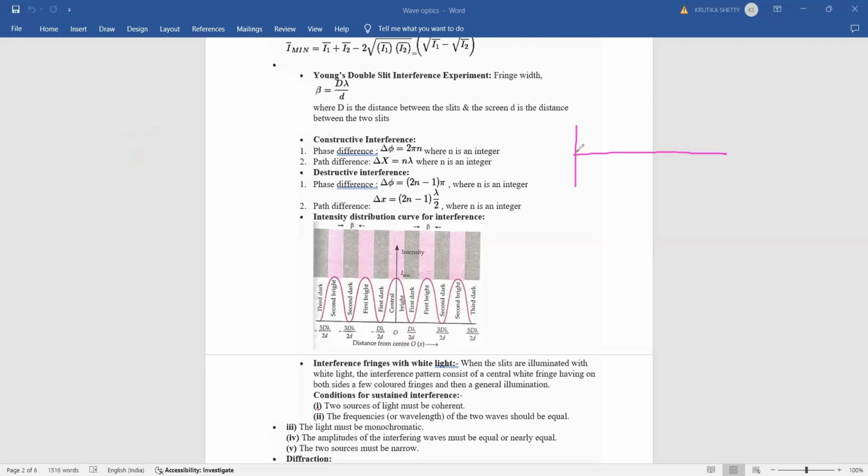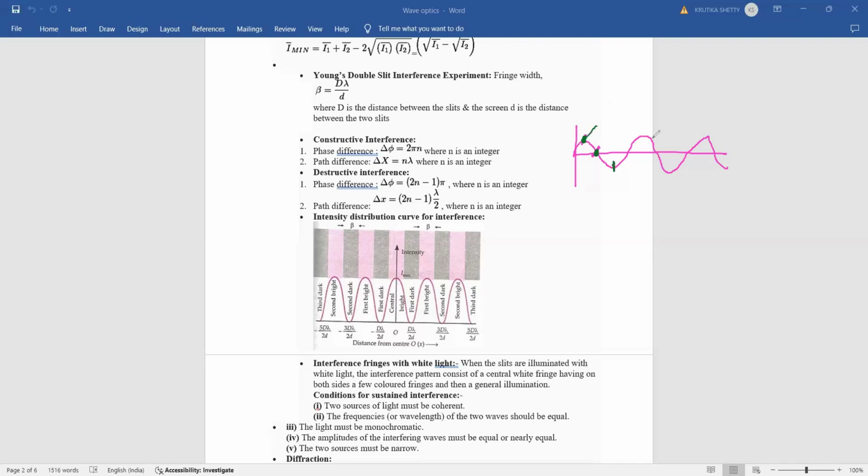Suppose we consider this as a wave. Does anybody know what this part is called? In the sound topic we studied this, and in the light topic also. In a wave, two points come up: the highest positive point and the highest negative point.